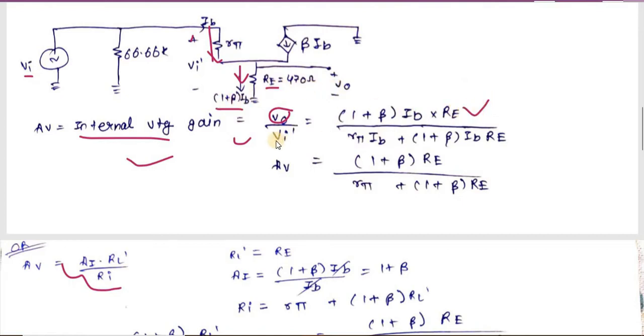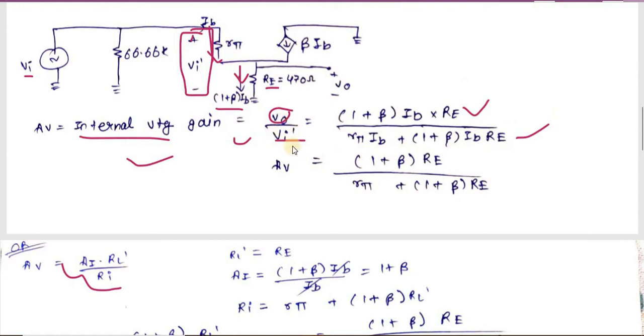Okay, and now for VI dash. VI dash is basically an internal input voltage. Okay, so for our VI dash, either you can use KVL or the basic rule, that is V equals to IR. Okay, if we use KVL here, we will get minus VI dash plus IB R pi plus 1 plus beta IB into RE. Okay, so you will get this thing.